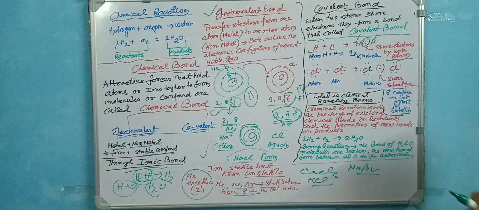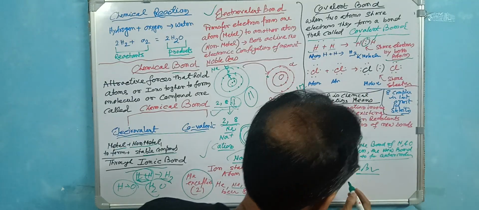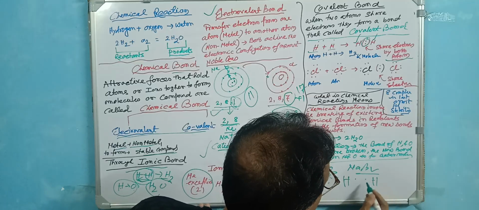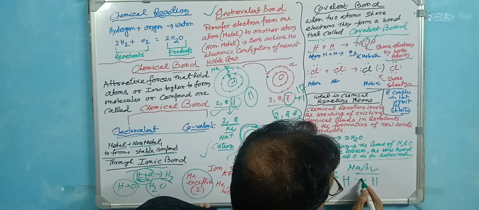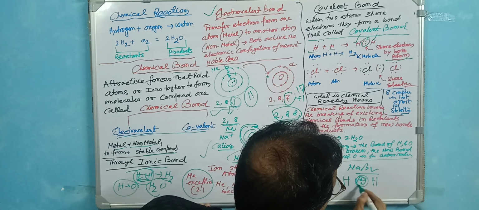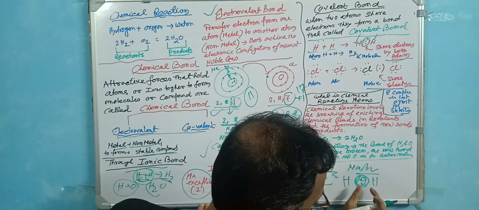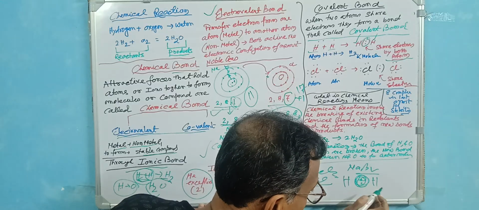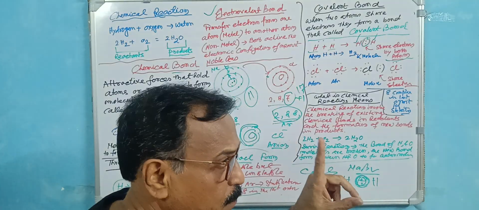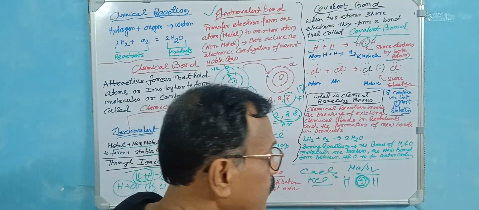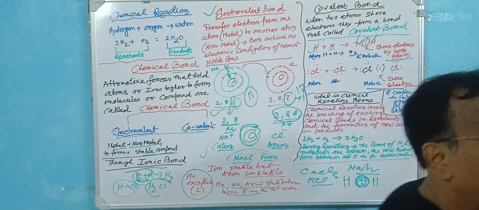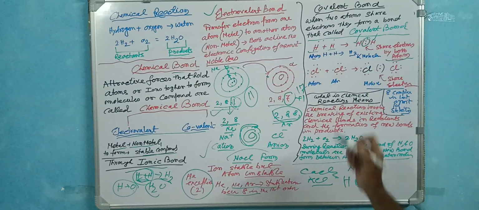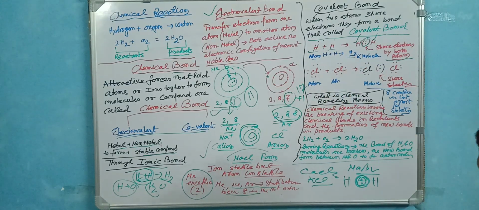So this is not shifting. Suppose a hydrogen atom is here with its electron, and the other comes a little close and forms a bond here. So this is the sharing of electrons. These two electrons are shared by both atoms. A bond is there between two atoms, one pair of two electrons shared by both. So in this way, H plus H, H2 is formed. This is the H2 molecule.